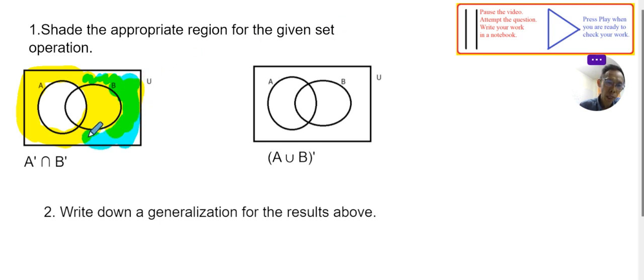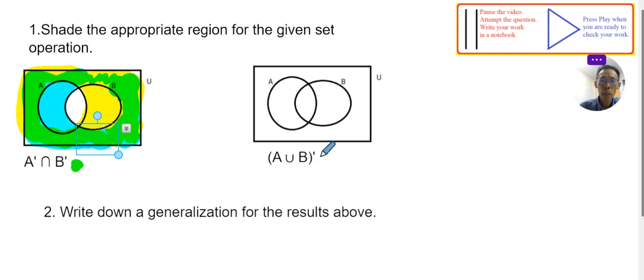Everything that is outside of B, and we are talking about intersection. So intersection is just the green part, right? So let me also make sure that this is green, right? Here's the green part. And so the answer in this case is just the green part.